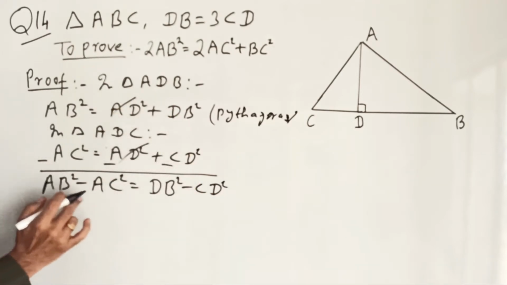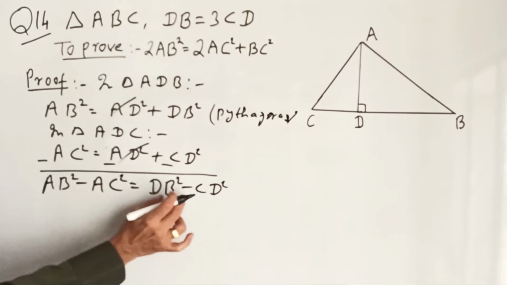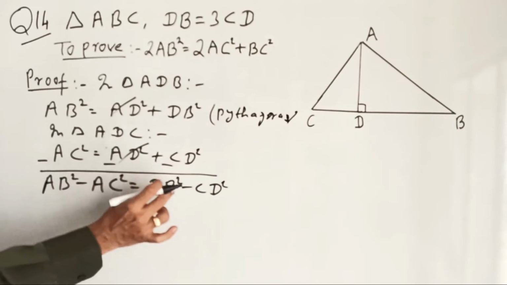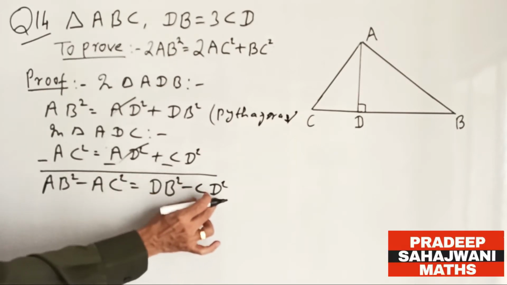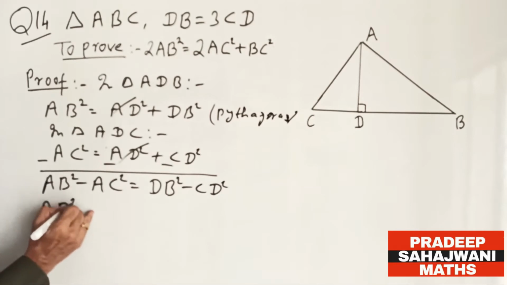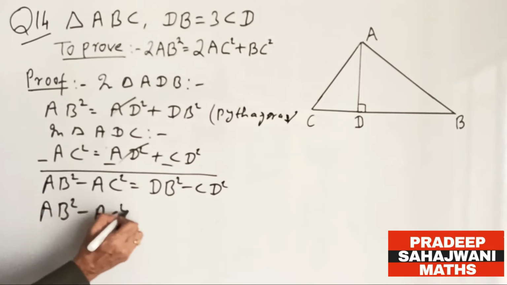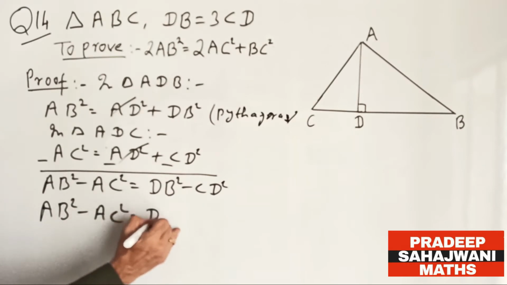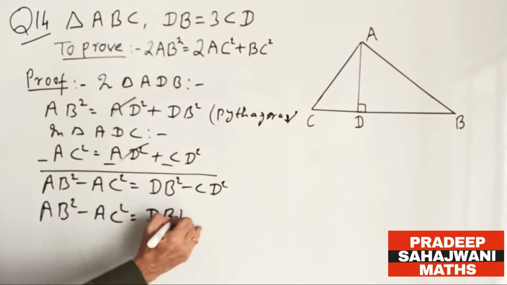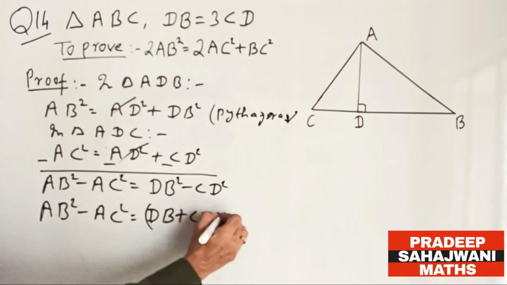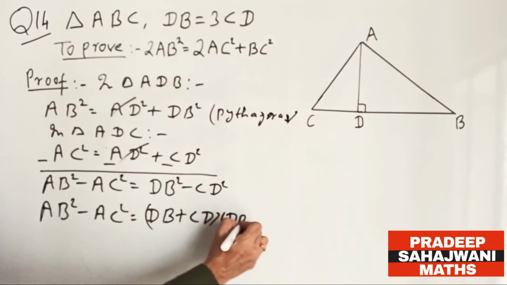Now listen student, DB and CD square, AB square, AC square we need, but again we don't need the DB and CD. Now we can do one thing, a very simple way: AB square minus AC square, using the a square minus b square identity. This is DB plus CD into DB minus CD.